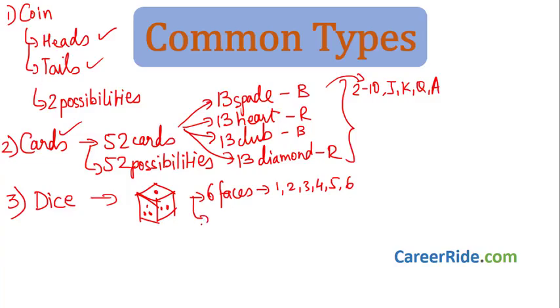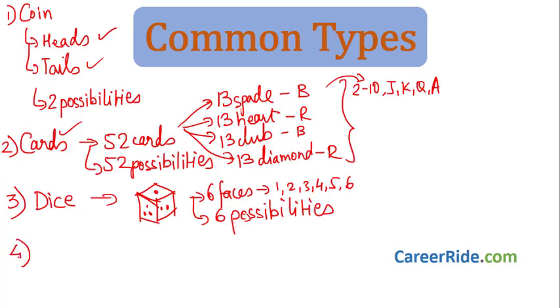So if there are 6 faces, each having one number, there are 6 possibilities. A symmetrical or fair dice means one which has not been tampered with, and that is generally taken for calculation.